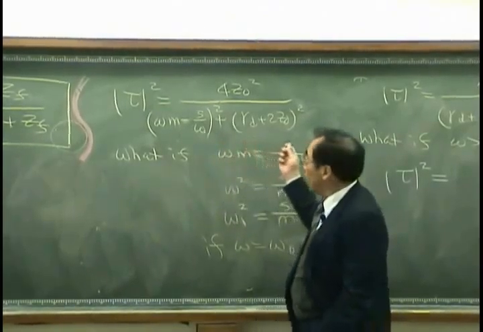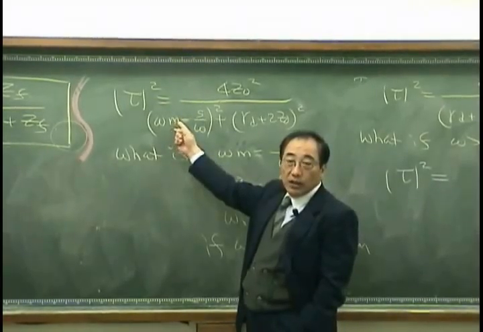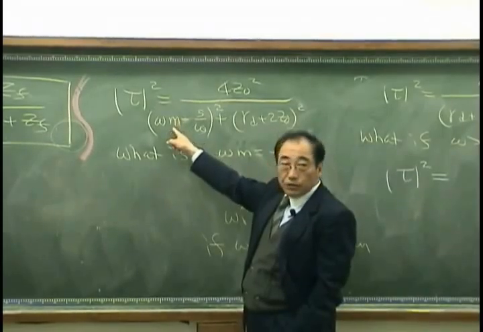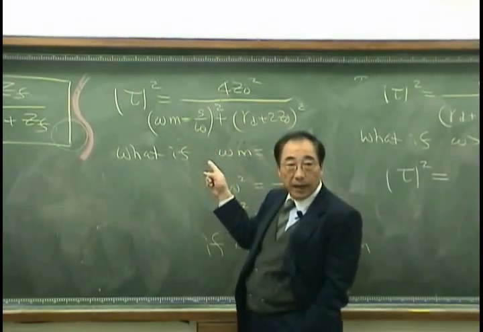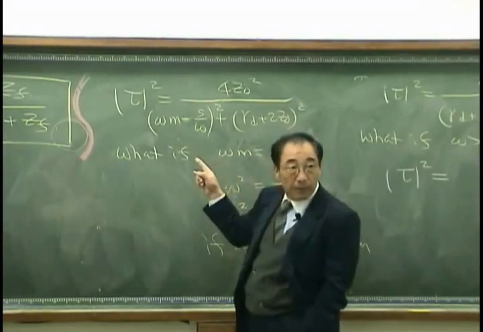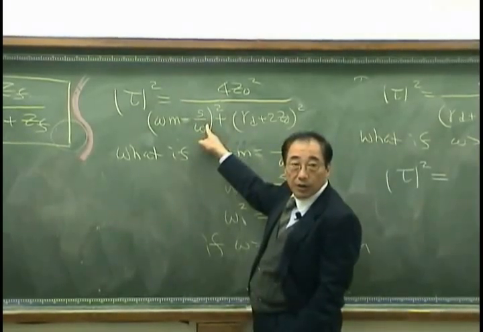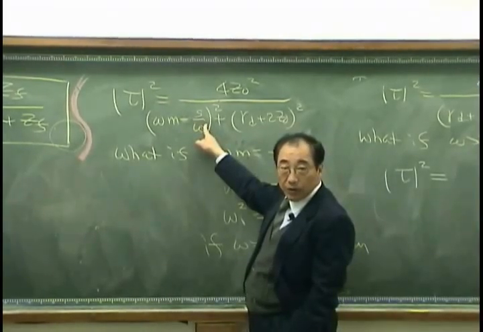So if you do that, when omega is greater than omega 0, meaning the natural frequency, therefore I will divide this by m, okay, then I will have S over m over here, S over m over here.